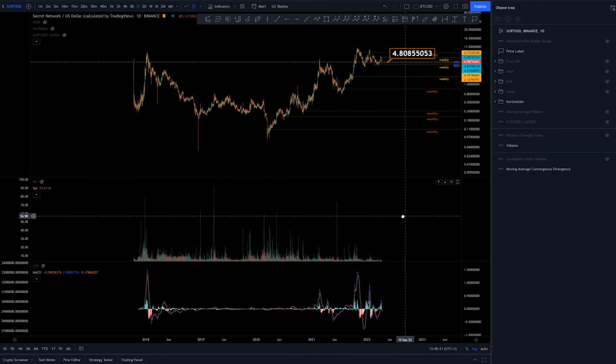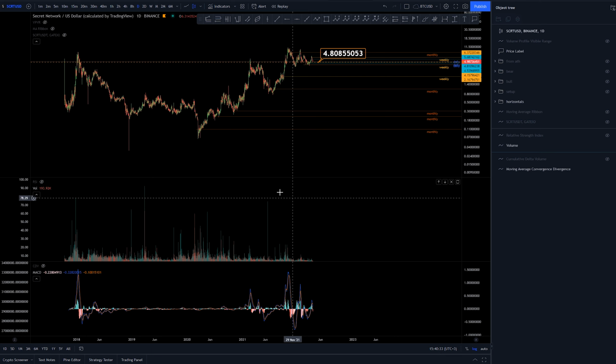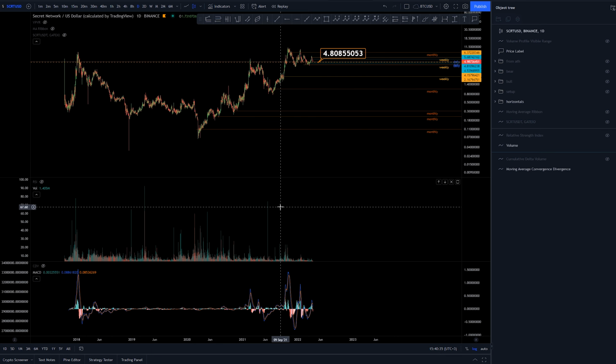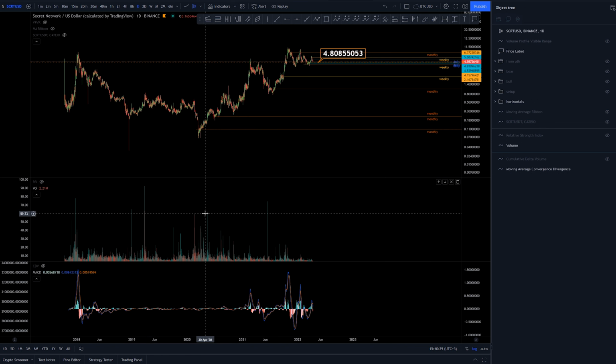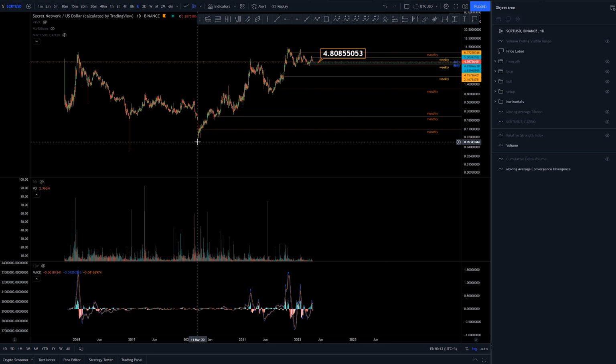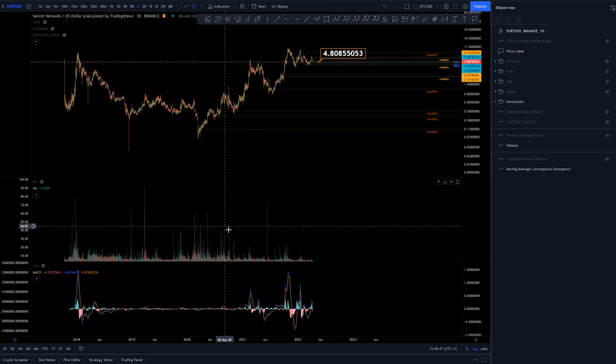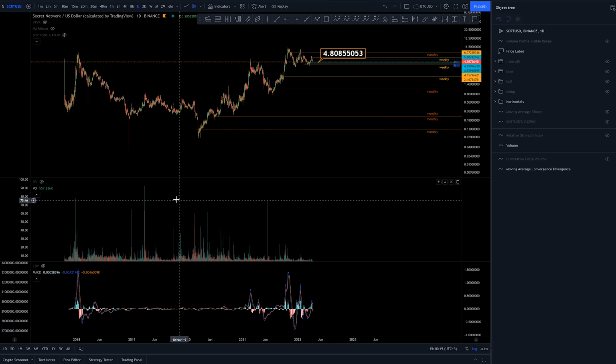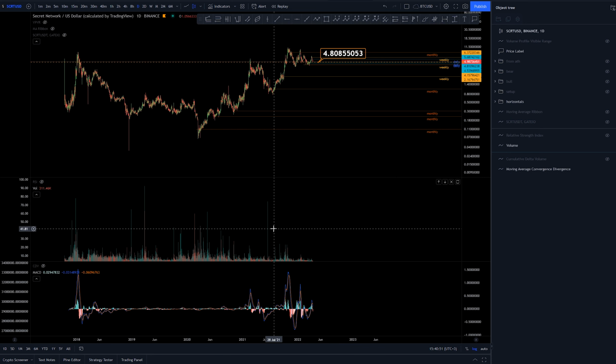Overall, this has been quite a weird looking chart volume wise. We had a bump just after the crash in March 2020, and then we've just been slowing down with the volume as well.